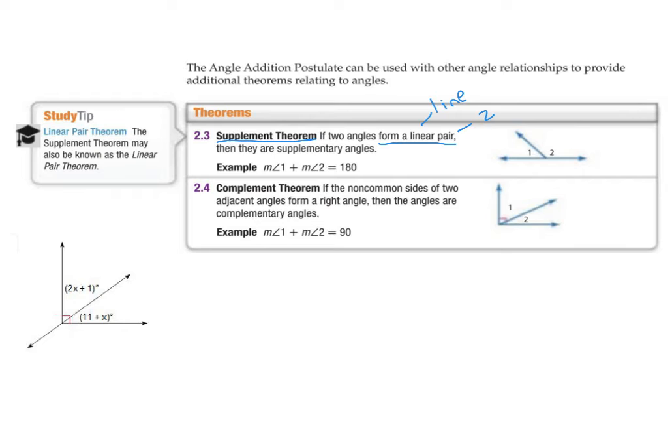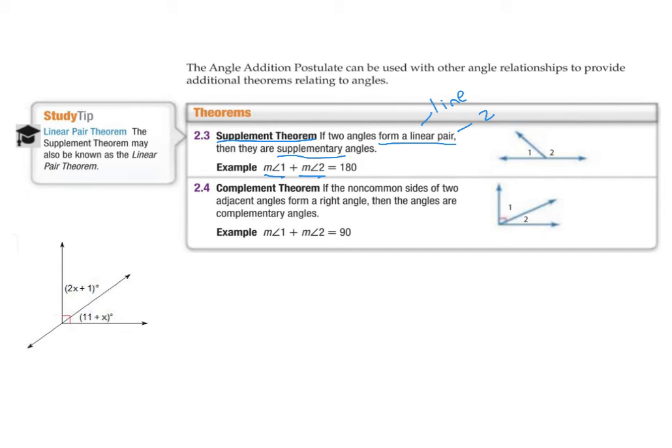So if we have a linear pair, meaning a pair of angles that form a straight line, they are supplementary angles. And supplementary angles is just a fancy word to say that those two angles, when you add them together, have to equal 180, because we saw with the protractor that a straight line is 180 degrees.